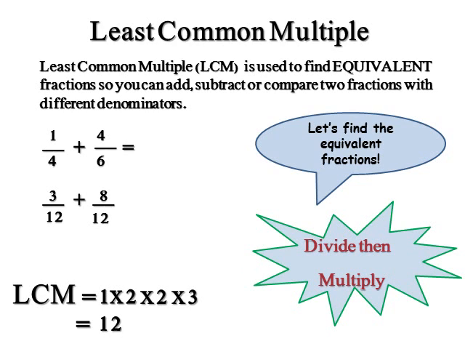So now 4/6 and 8/12 are the same fraction. As you can see, the new fractions are 3/12 and 8/12. They have the same denominator of 12, so we can now add them. 3 plus 8 is 11, so you have 11 over 12. That's the answer to your problem.